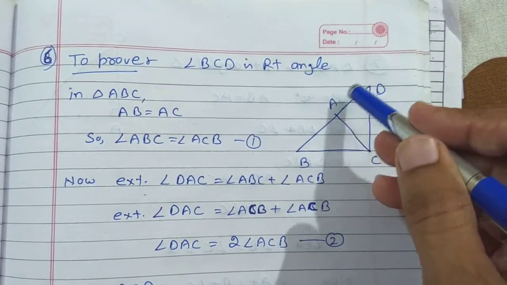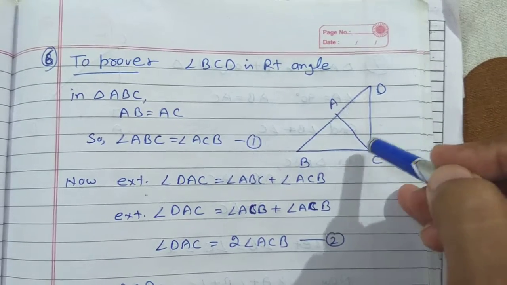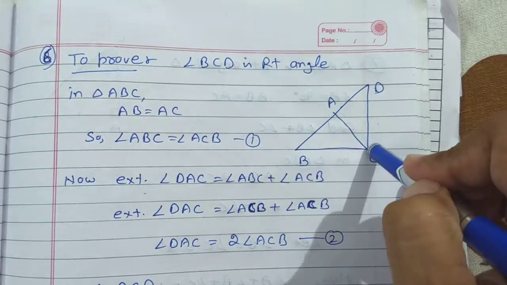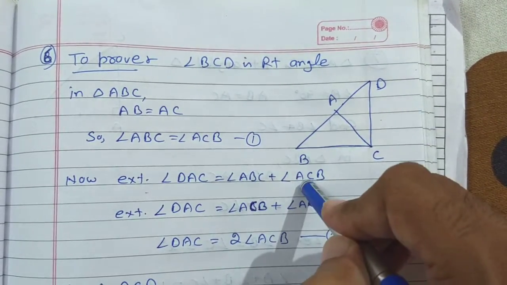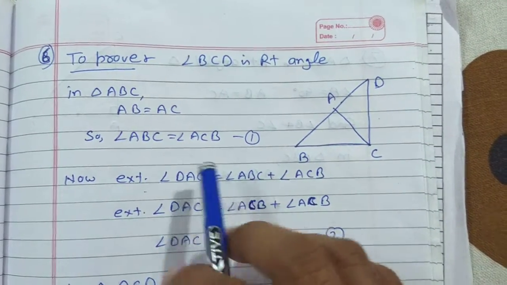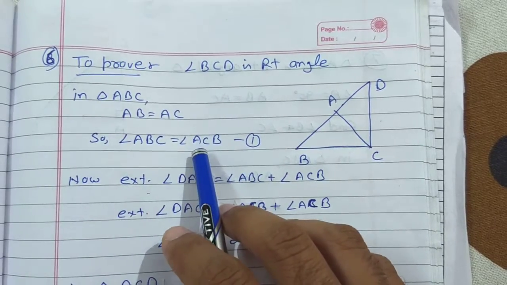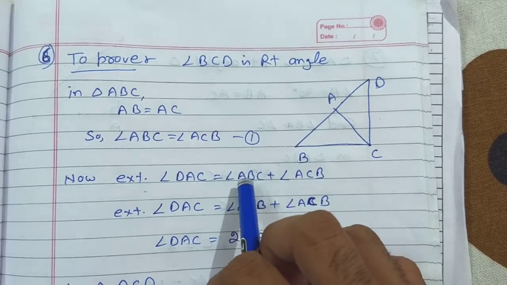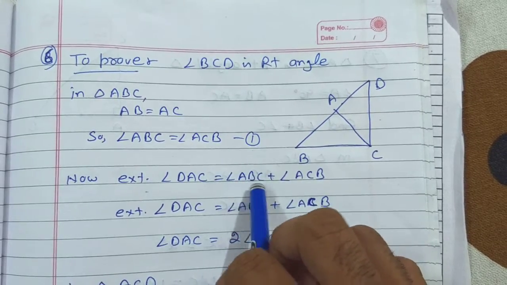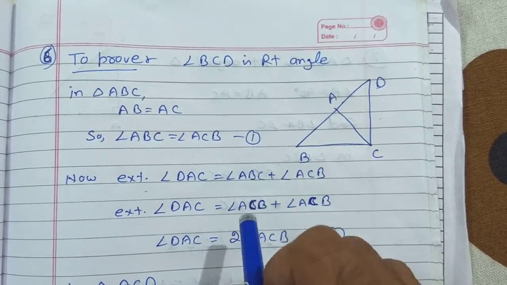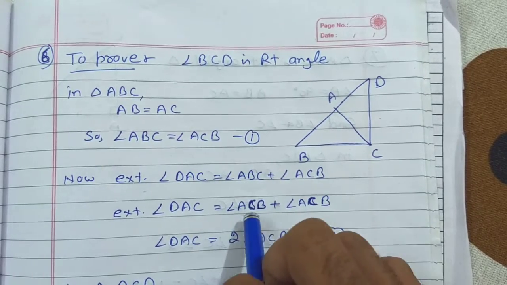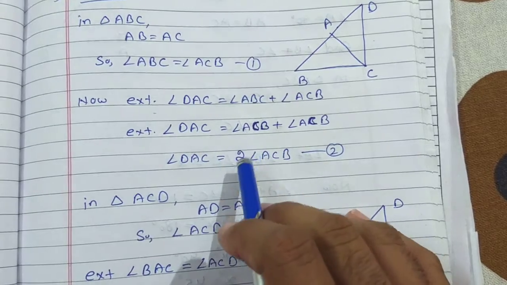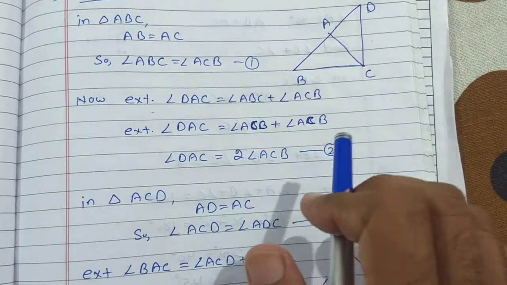So DAC angle is equals to angle ABC and angle ACB. But you know very well that ABC angle is equals to ACB. So on the place of ABC we put ACB. Here ACB are 2 times, so just add it. We get 2 angle ACB, that is equation number 2.